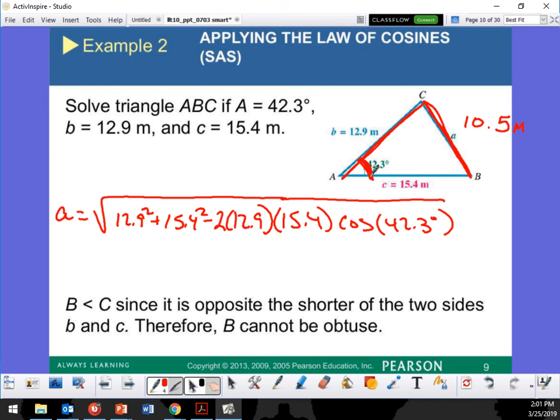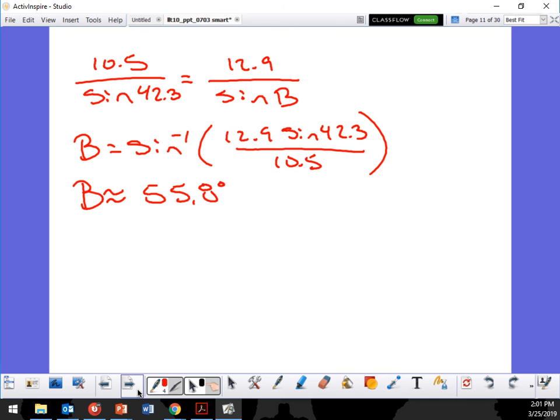The word is ambiguous. So I have to check to see if it's going to be ambiguous.